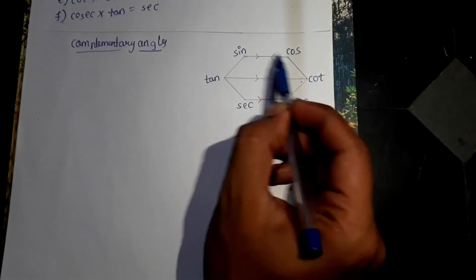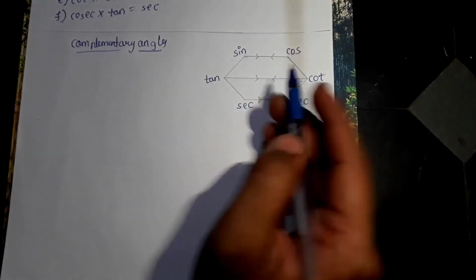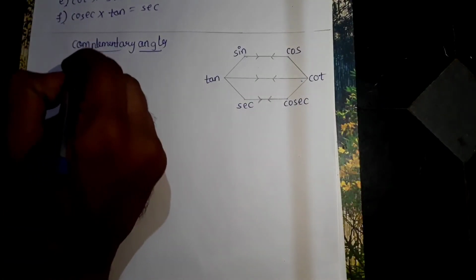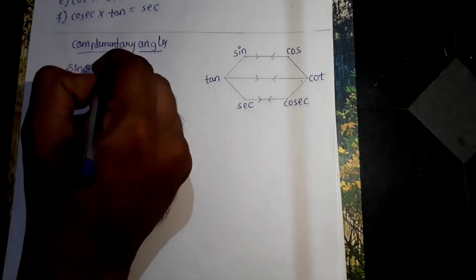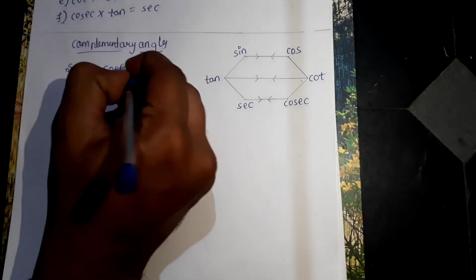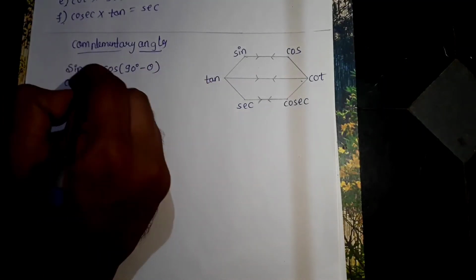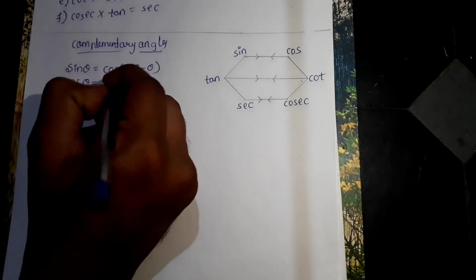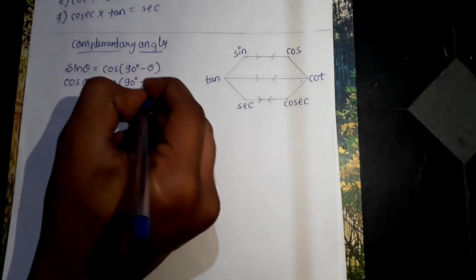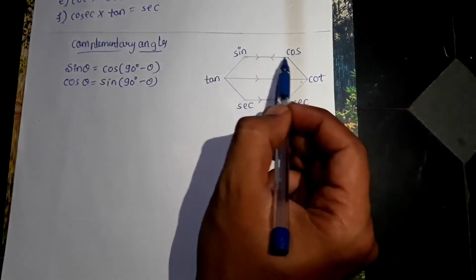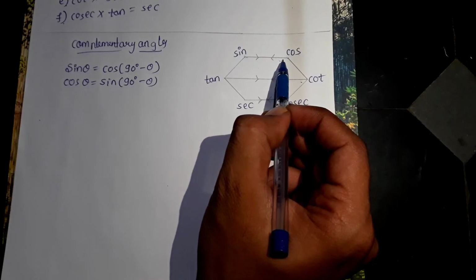In the first line there are two functions, sine and cos. Sine theta is equal to cos of 90 degree minus theta. Similarly, cos theta is equal to sine of 90 degree minus theta. These two functions are complementary to each other.